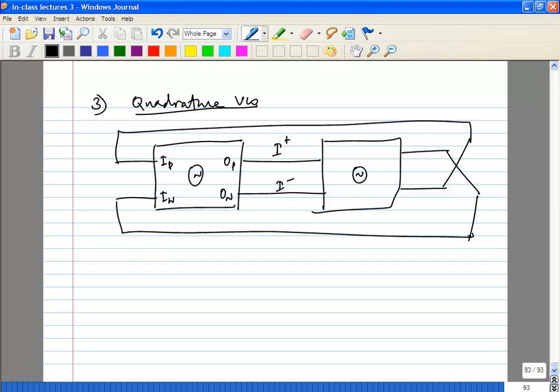You're going to have the output that we already had for the oscillator. Now you're going to have two more input ports, which are the coupling ports.